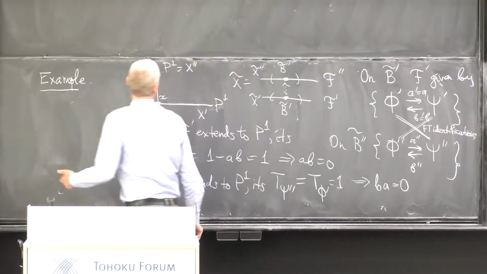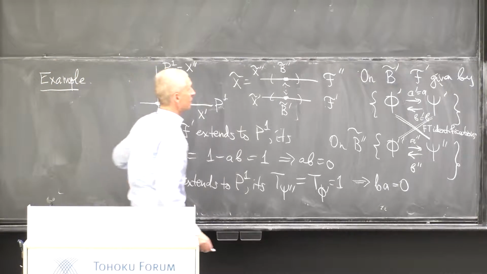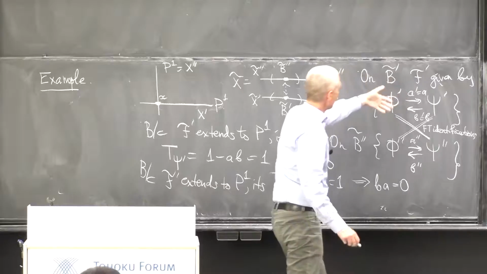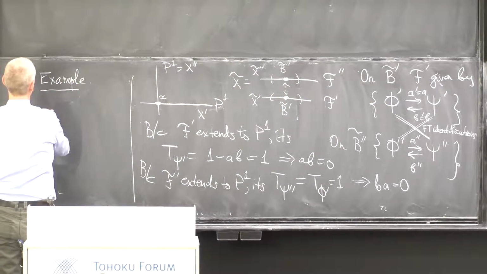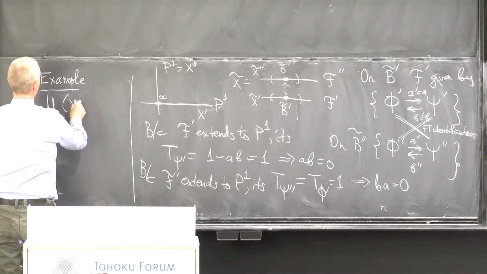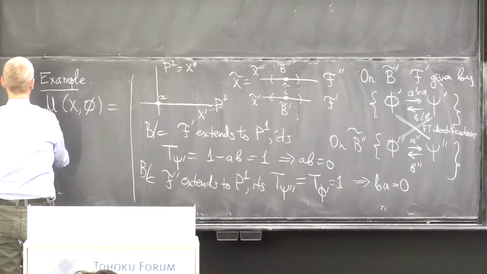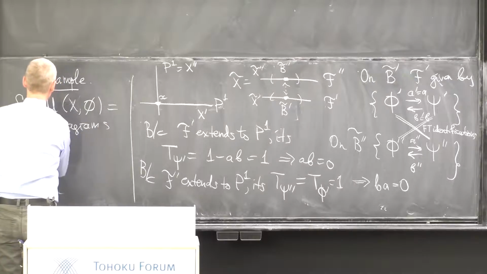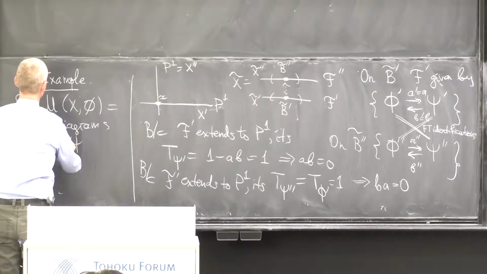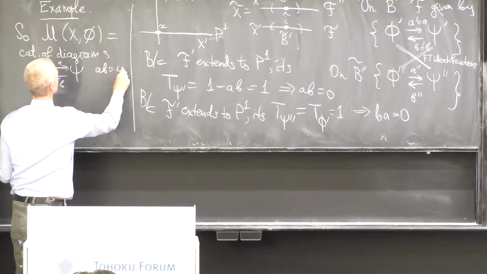So we found that such microlocal sheaves are given by pairs of vector spaces and maps in both directions, such that, let me write like this, M X is a category of diagrams, phi psi, A and B, such that AB equals 0, BA equals 0.